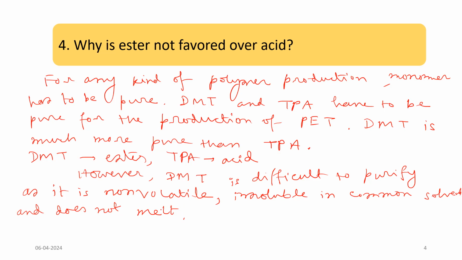Okay. So for these reasons, DMT, that is the ester, separation or purification is very much difficult. But acid does not have any of these problems. Okay, the acid, that is terephthalic acid, can be easily purified, and also it can give a larger amount of production per kg. So that is why.